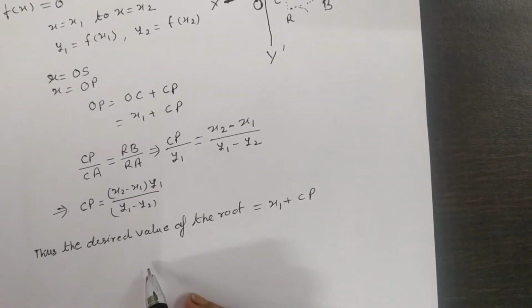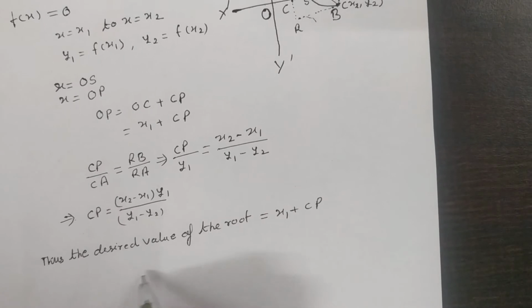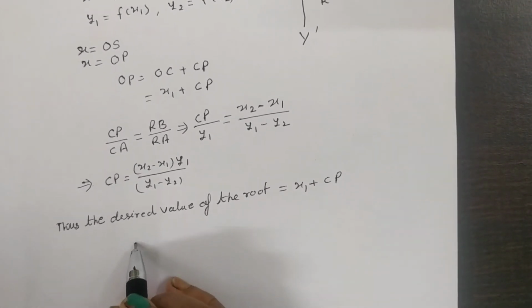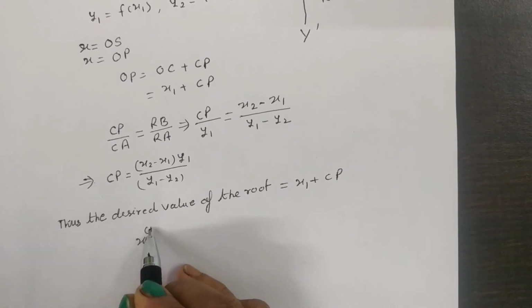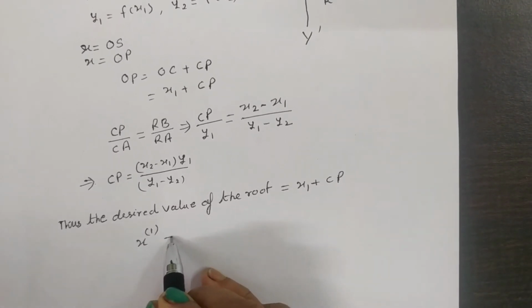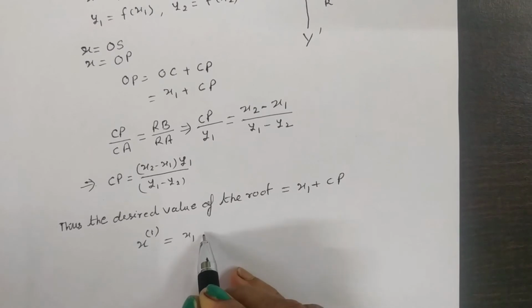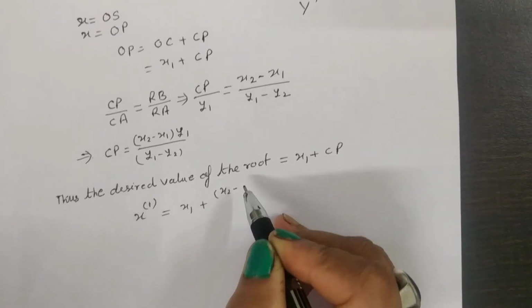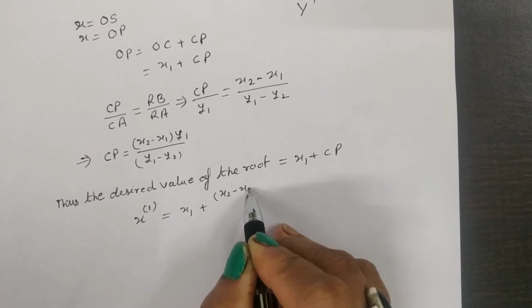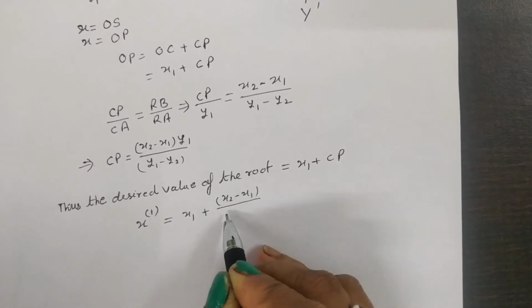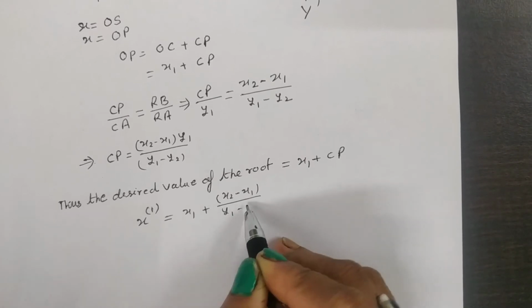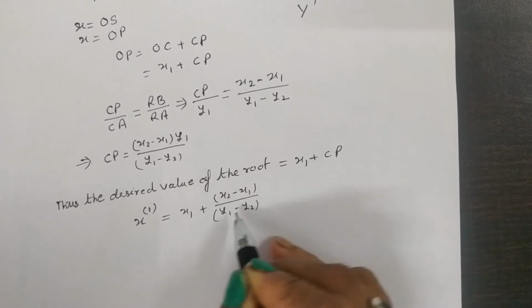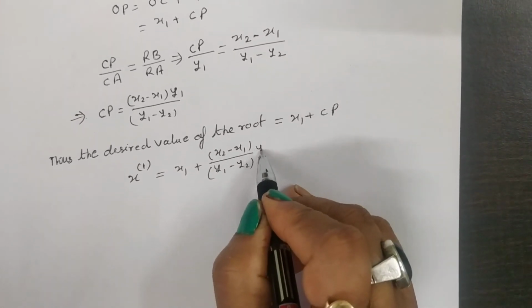It means this can be written as x1 plus x2 minus x1 whole divided by y1 minus y2, multiplied by y1.